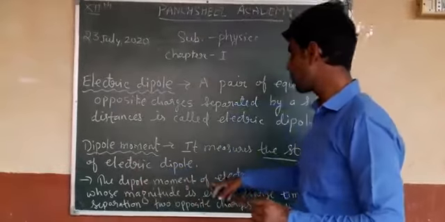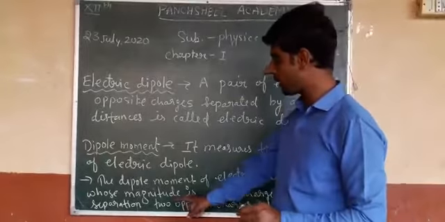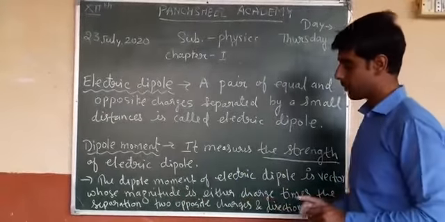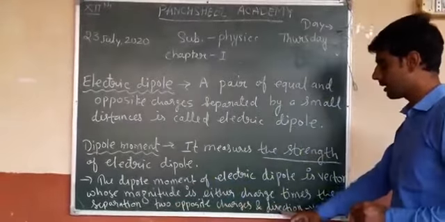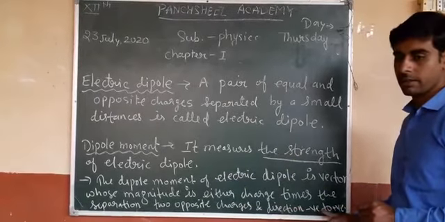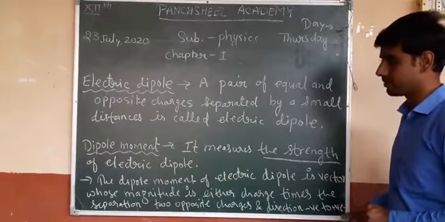The electric dipole moment of an electric dipole is a vector whose magnitude is the charge times the separation between the two opposite charges, and the direction is from the minus q charge to the plus q charge.